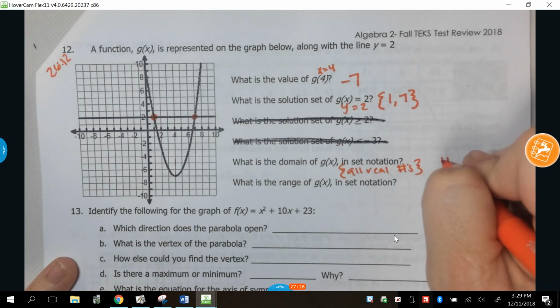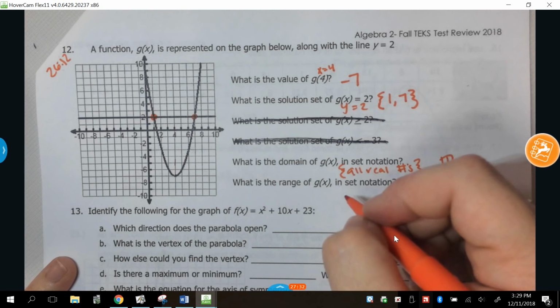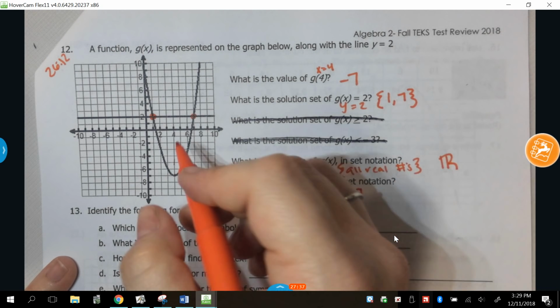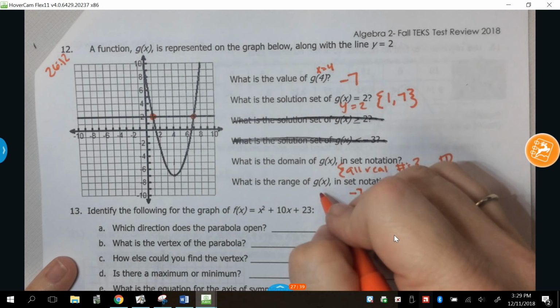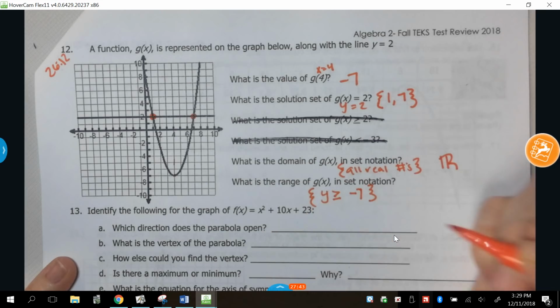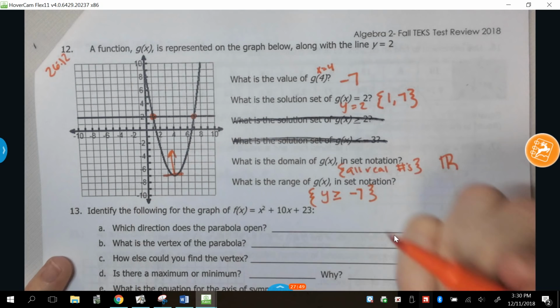Remember, you can do the fancy R. What is the range in set notation? That's your height. The lowest point is -7, and it goes forever, so it's y is greater than or equal to -7, because it's everything above -7.